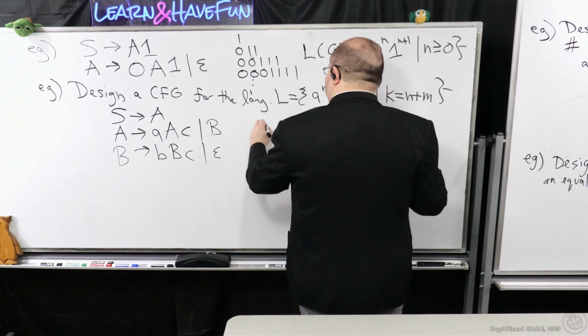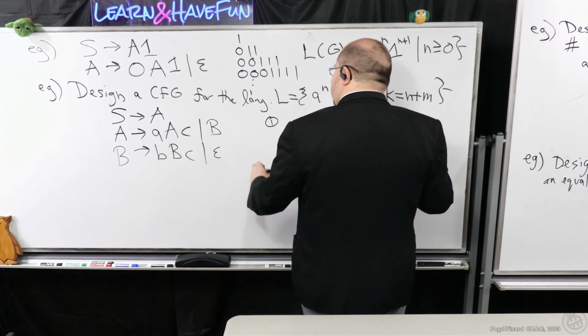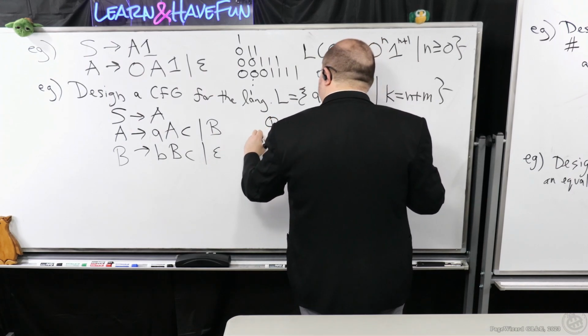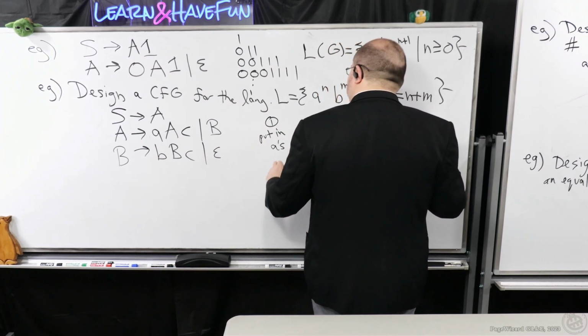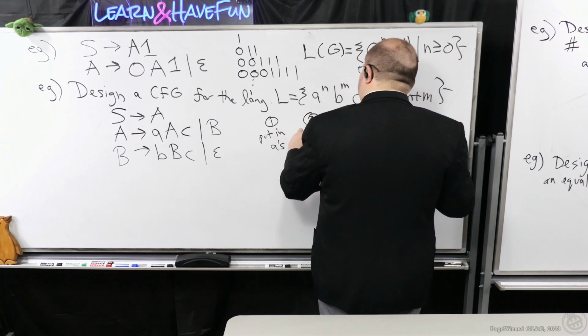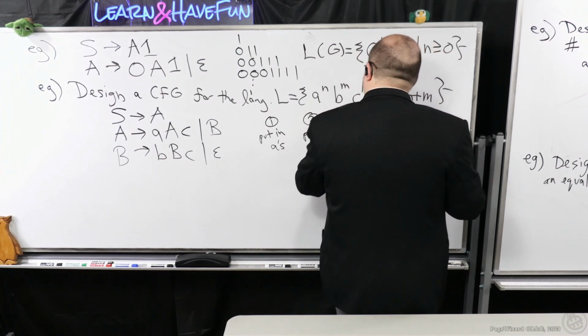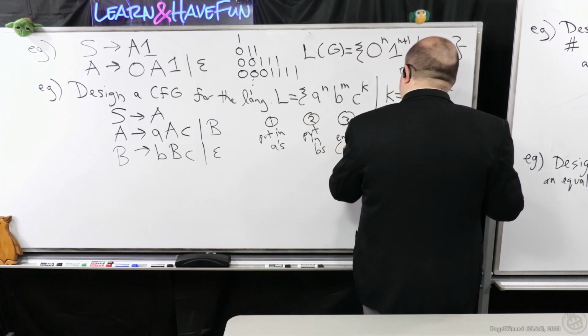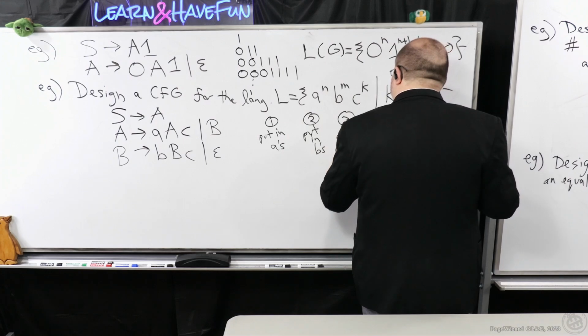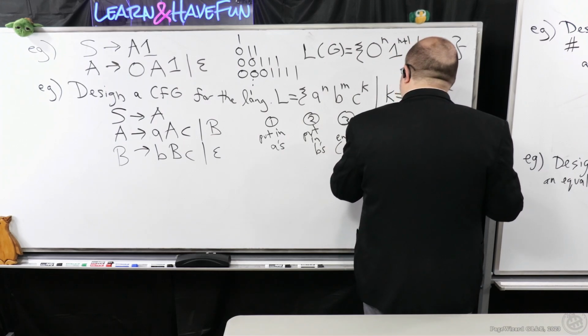You can think of it in terms of steps: you first put in the A's, you put in the B's, and then you end because the C's are included, right?